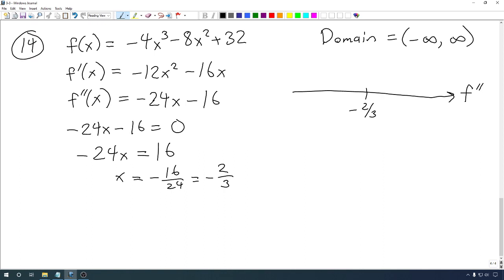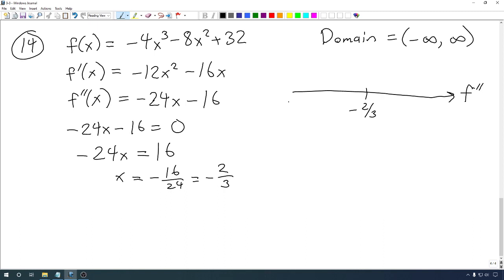I mentioned before that this kind of stuff can be useful for graphing a function by hand. We're going to do that eventually, and we're going to make use of every piece of information that we've been building up throughout this chapter. So from this point forward, I'm going to label my number lines to tell me which function I'm using for that particular number line. This is specifically the one for our second derivative.